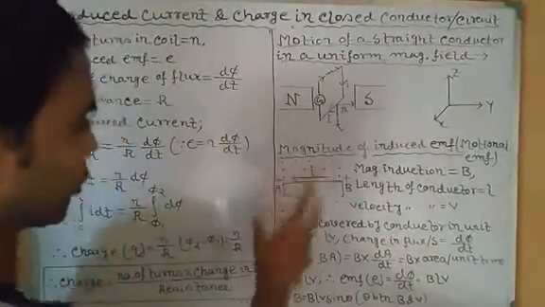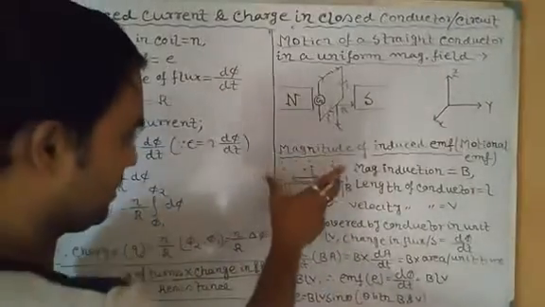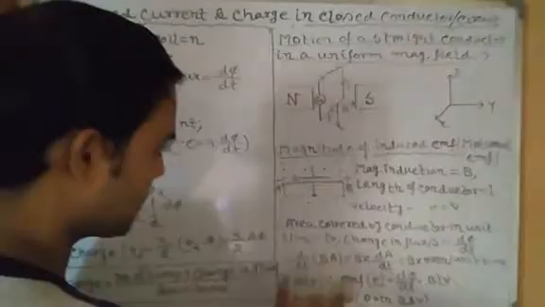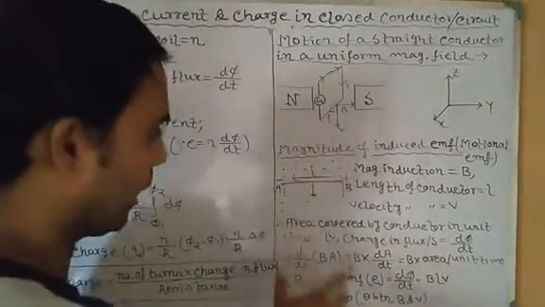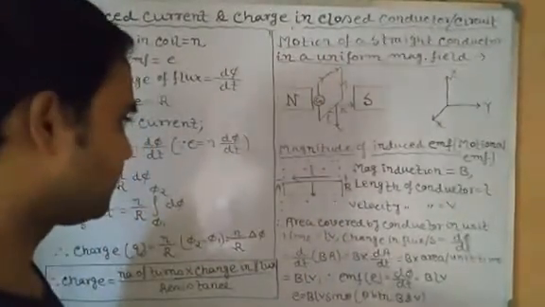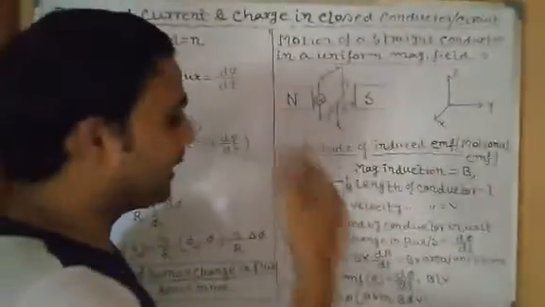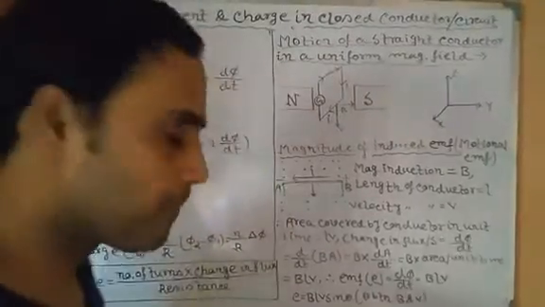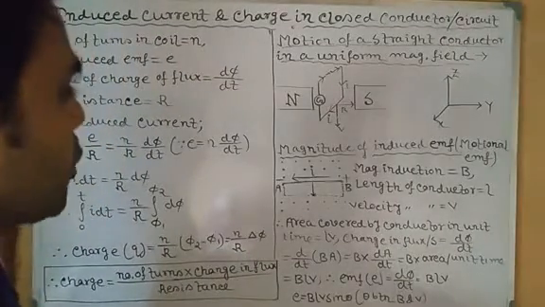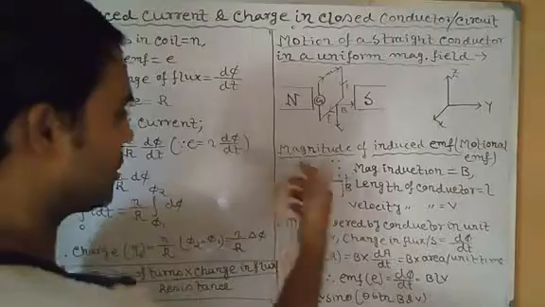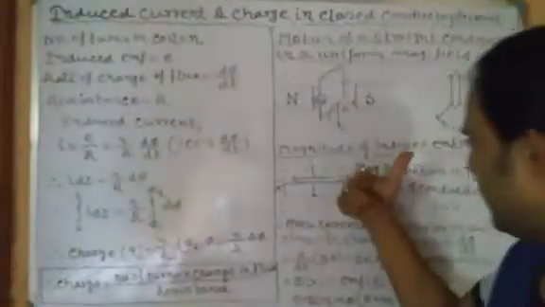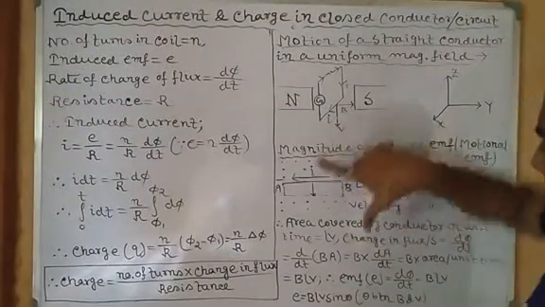A straight conductor is placed here, and if we move the straight conductor up and down, then according to Fleming's right hand rule, a current will be induced here, isn't it? So what will be the direction of the current?